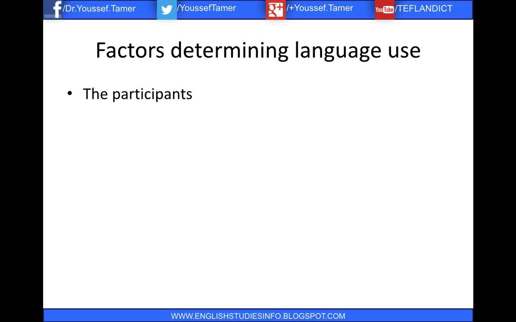It's a very good title that I would like you to remember because it summarizes the scope of sociolinguistics. Who, the participants, speaks what language, to whom, participants again, and when, context. This question tries to include most variables of society that determine the way we use language.